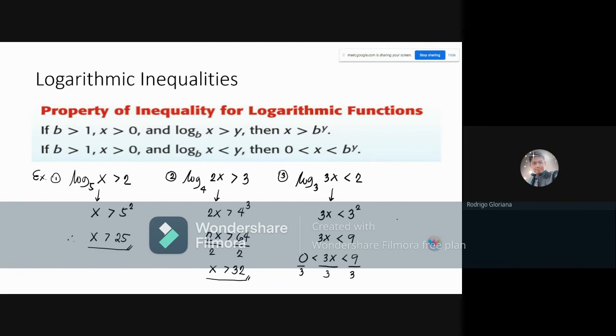So you have 0 less than x less than 9 divided by 3, which is 3. So this is now the value of x. Sir, saan nanggaling yung 0? We have the given condition. If that is less than, you have between 0 to a particular value.